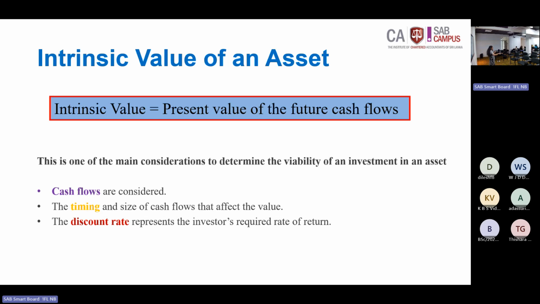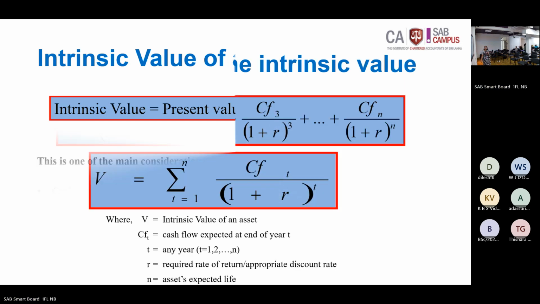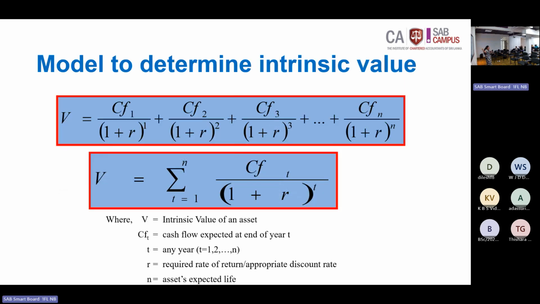With the time period, you need to consider the other one, the discounting rate or required rate of return. So these 3 things should be clearly identified when you are converting the future cash flows into the present context. Okay, so this is how we can present the intrinsic value.